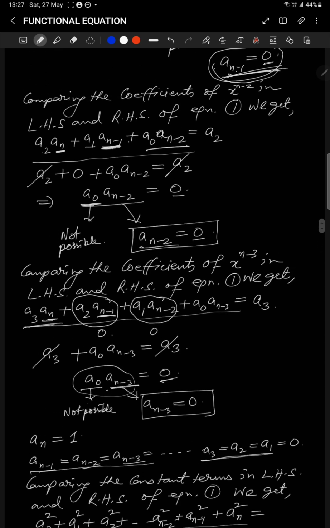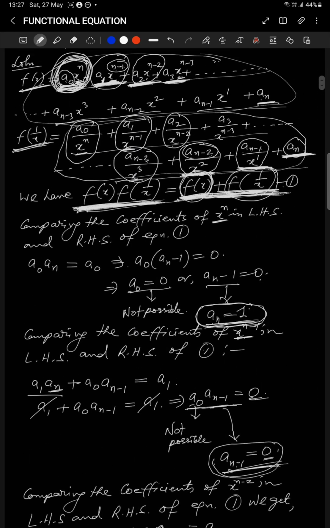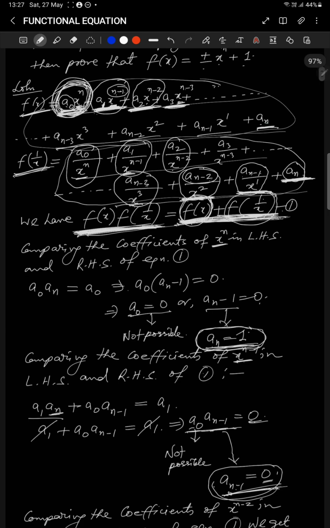Now let us see in the right hand side what is happening. If we are adding f(x) and f(1/x), only the constant terms, not all the terms, do you find the constant term in this f(x) is this, and constant term in f(1/x) is this?